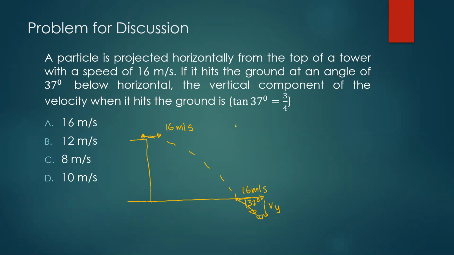From here, I can write Vy by the horizontal component 16 as tan 37. That is 3 by 4, it is given in the question. So Vy would be 12 meter per second. So very good, that is the right answer.